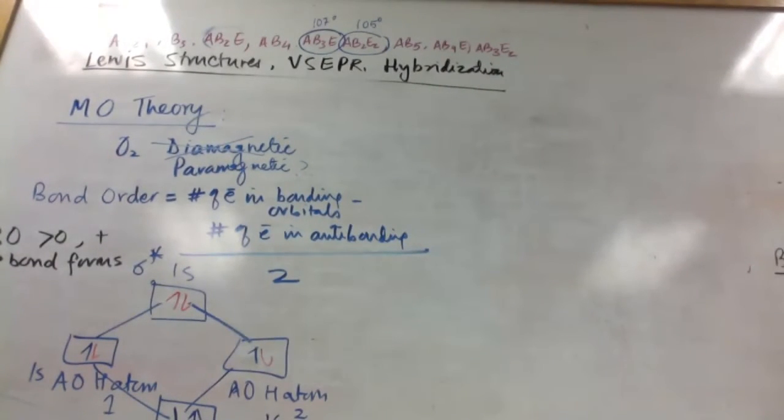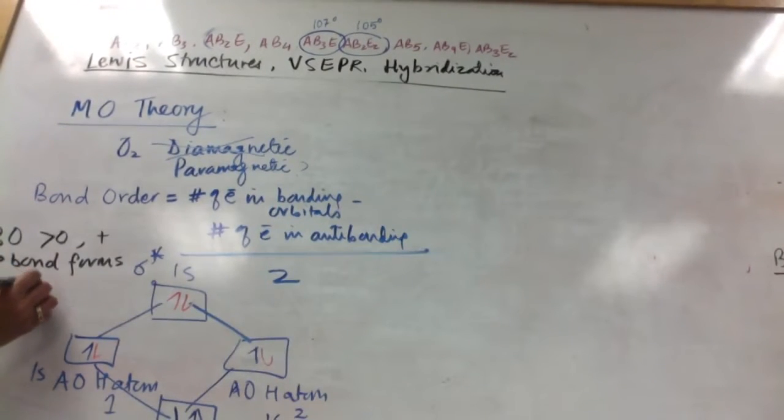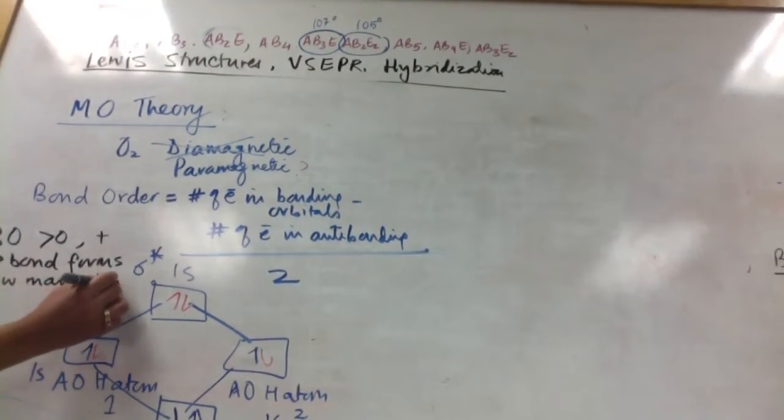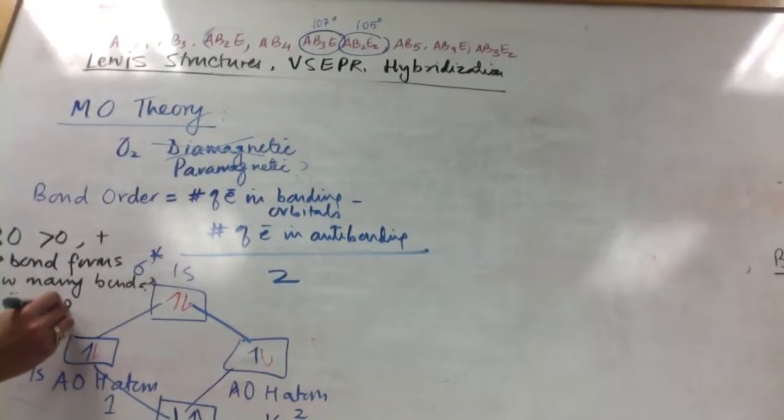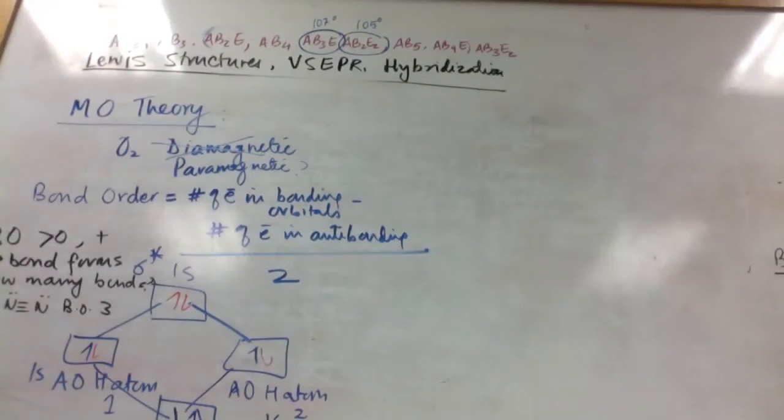A whole number is a better bond than a smaller fraction of it. So you can have bond order in fraction as well. Bond order tells you whether a bond forms, and it also tells you how many bonds there are. So for nitrogen, if you calculate, you know that there's a triple bond between 2 nitrogens, you'll get a bond order of 3. So bond order guides you into building the structure of a molecule.